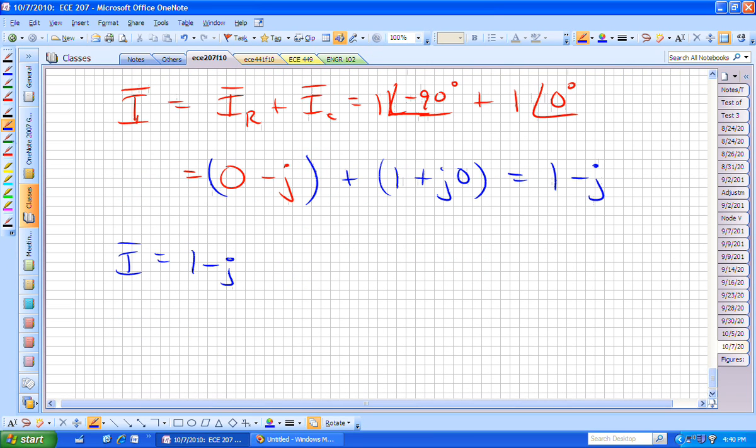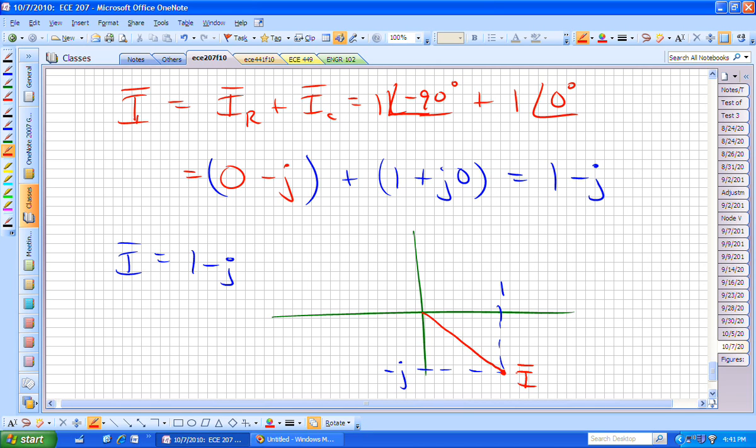If it's not making too much sense, I would just sketch it. Here's 1, and here's minus j. I'm now adding those up, meaning that vector, I, is right there. Now I have a right triangle with one side being 1, the other side being 1, and I'm really looking for the hypotenuse of that right triangle.